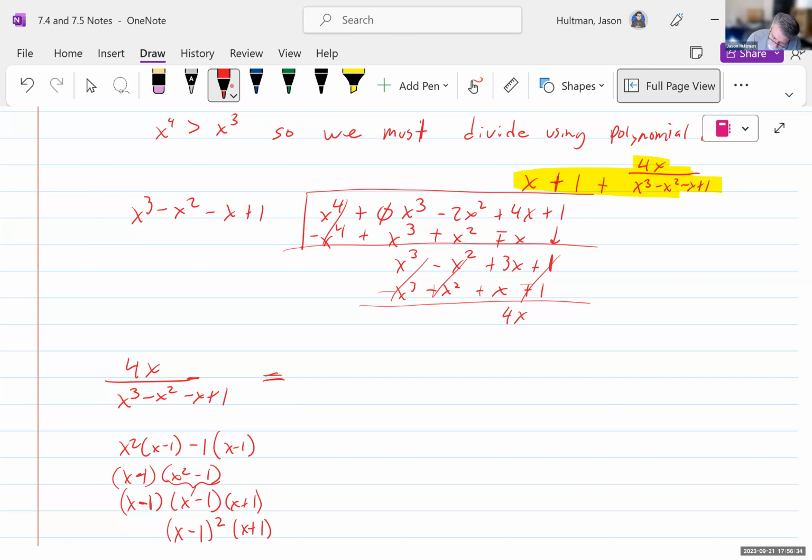I pulled out the x minus 1 and I put it here. Where do we have the x squared? Yeah, it's from the first two terms. They have a common factor of x squared. So I pull out the x squared in the first two terms and get x minus 1. Then I pull out a negative 1. Oh, I didn't see the negative one. My bad.